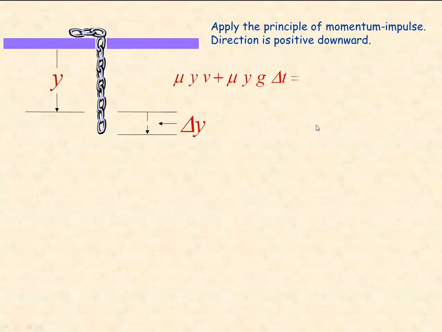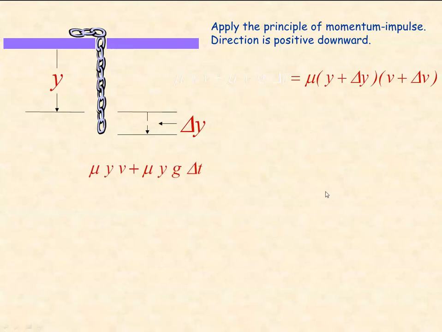This has got to be equal to the linear momentum afterwards, after the delta t of time. What you have is a mass that's mu times y plus delta y. That gives me the total mass of this part now, and then times a velocity, and the velocity has changed by delta v, so v plus delta v for a final velocity.